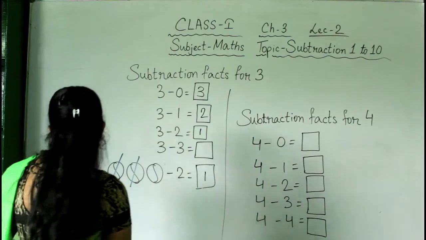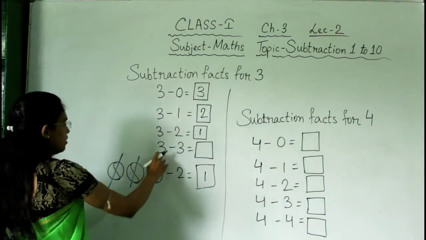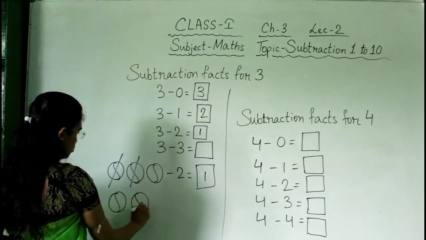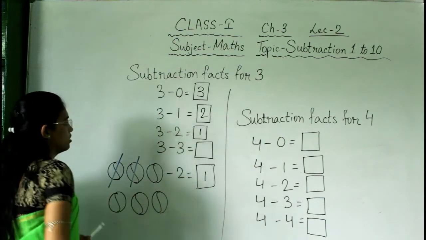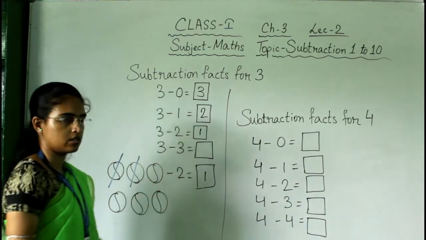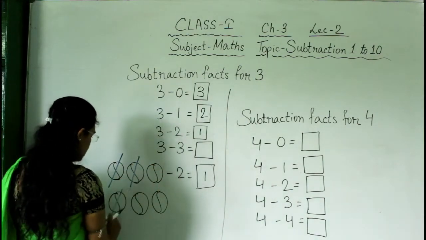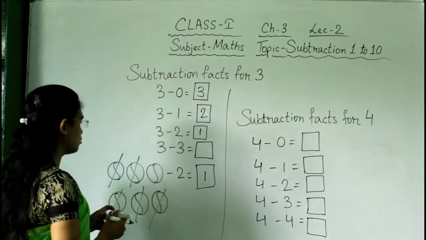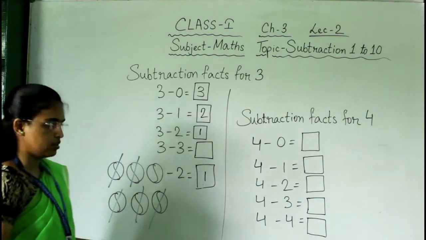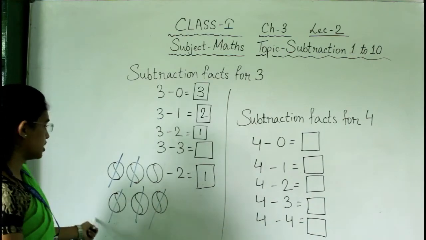Now next. How many balls? 3 balls. 1, 2, 3. Now how many balls do you have to give to your brother? 3 balls. Now you have given 1, 2, 3 balls to your brother. So how many balls do you have now? 0.